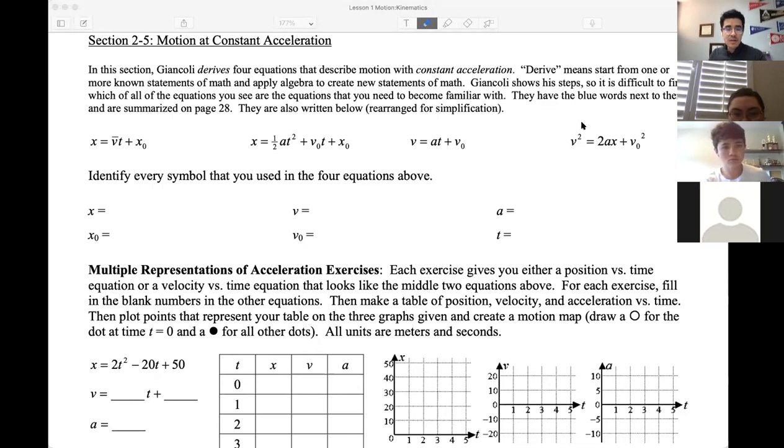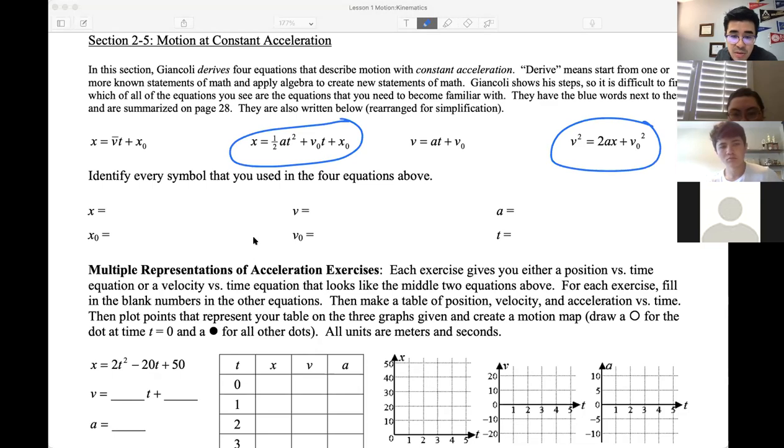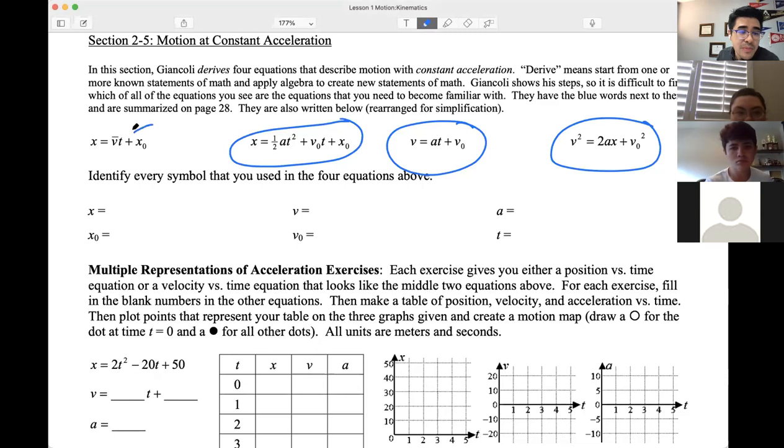So they give you this one for sure. They give you this one for sure. They give you this one. I think the one they don't give you is this one. But that one's pretty easy, right?